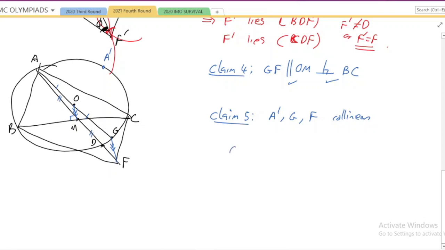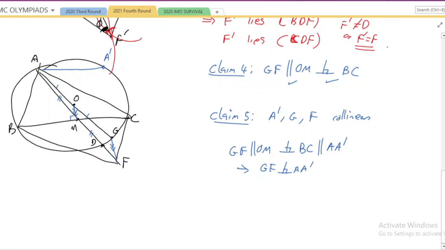So we know this, which is on the other hand perpendicular to BC, but BC is parallel to AA prime. So if we connect this automatically, it means that GF is perpendicular to AA prime. Okay, so they may not meet at A prime, but wherever they meet, it must be at right angle.